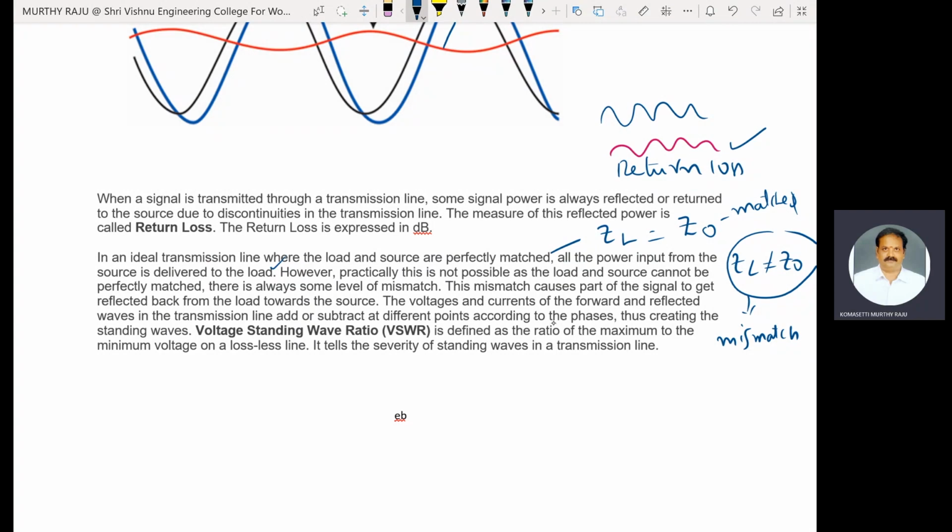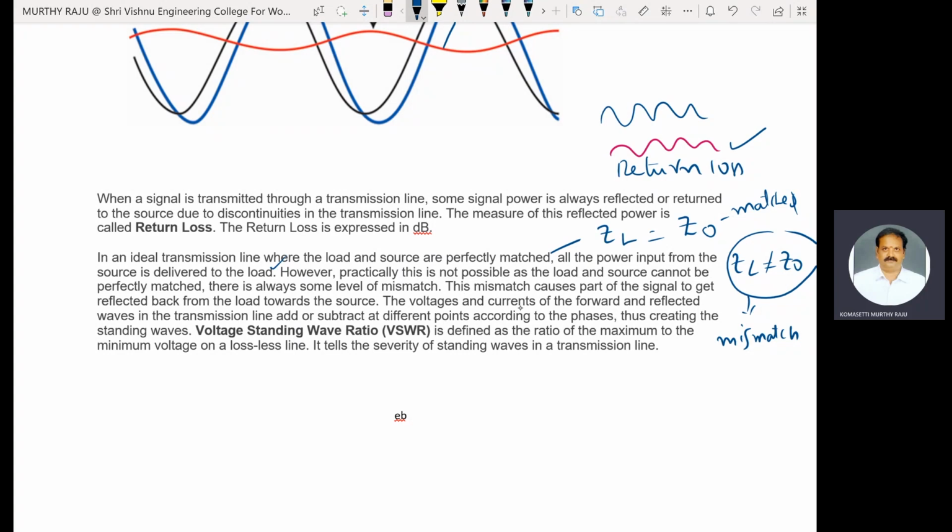The voltages and currents of the forward and reflected waves in the transmission line add or subtract at different points according to the phases, thus creating a standing wave. Due to mismatch at the load side, some of the waves are reflected back and move towards the source.